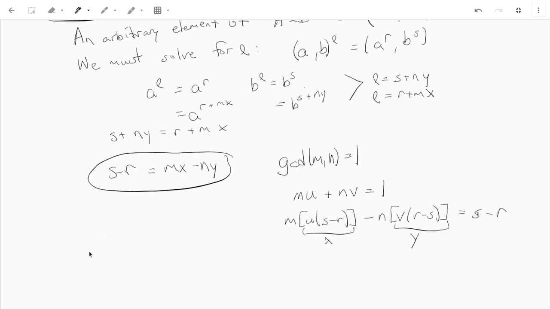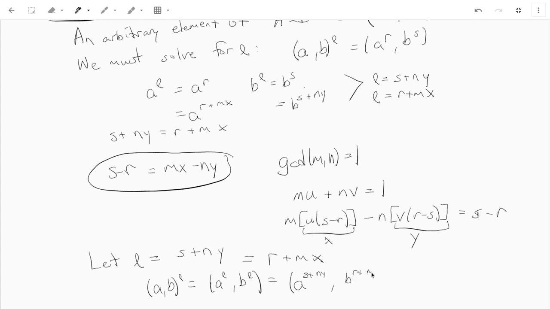Well, now let L just be S plus NY, where Y is this, which is equal, by definition, to R plus MX. And now look, (a, b) to the L is a to the L, b to the L, which is a to the S plus NY, b to the R plus MX.